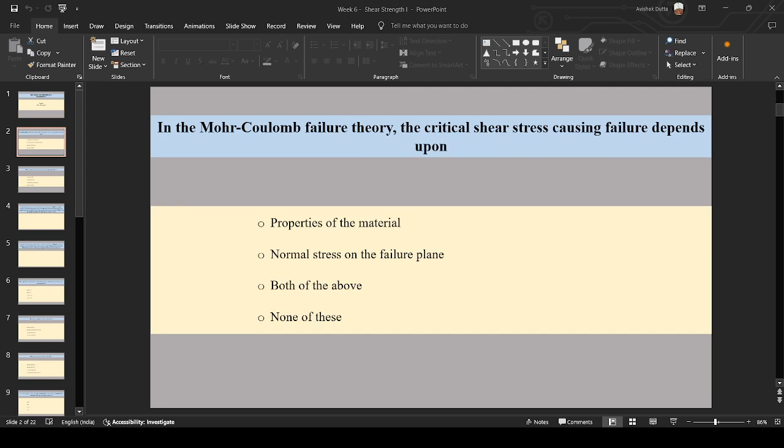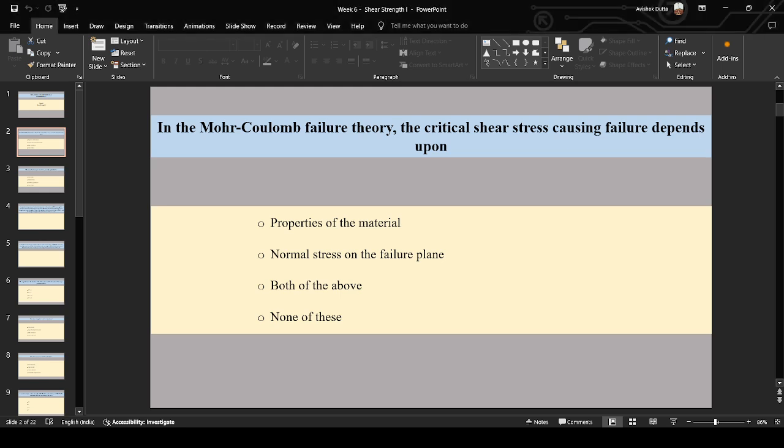In the Mohr-Coulomb failure theory, the critical shear stress causing failure depends upon. I hope you are familiar with the concepts of the Mohr-Coulomb failure theory.